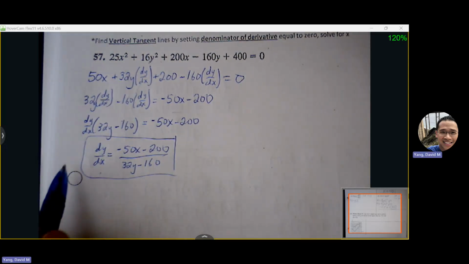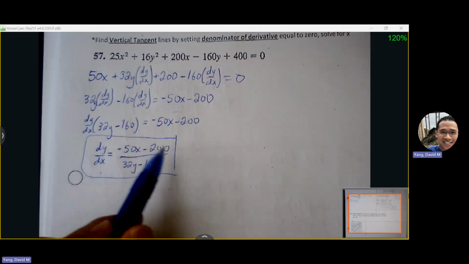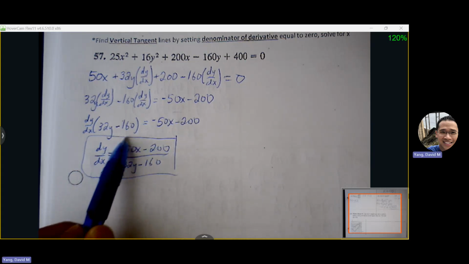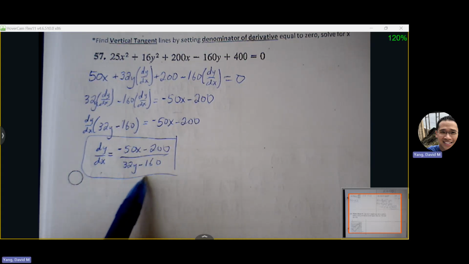So this is going to be where we gather all of our information. The numerator will tell us where the slope zeros will occur. The denominator will tell us where the slope undefined will occur.